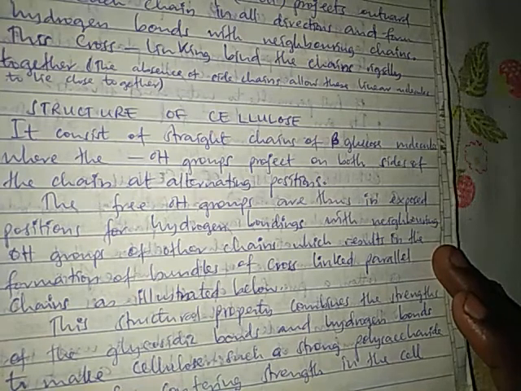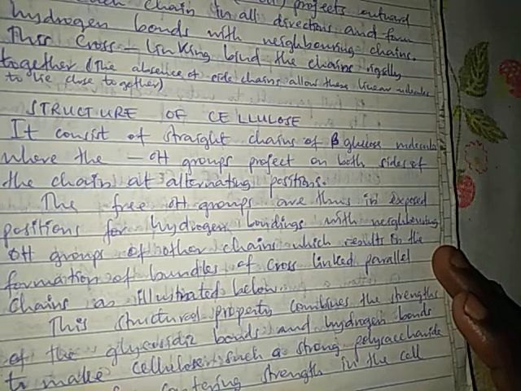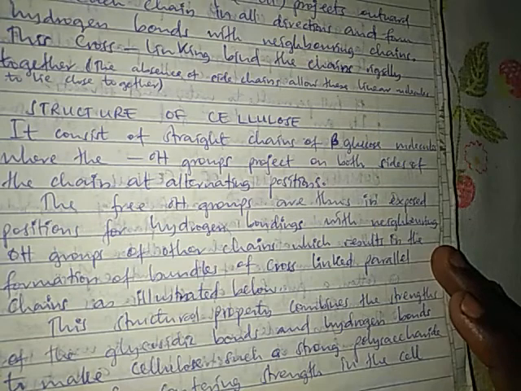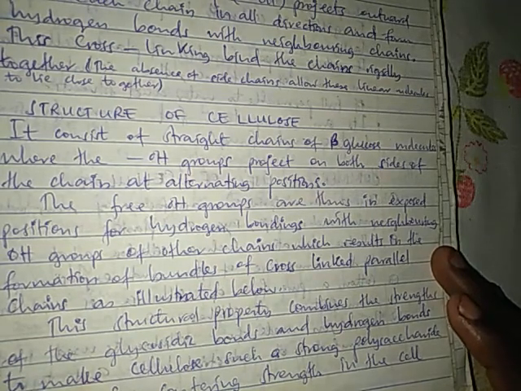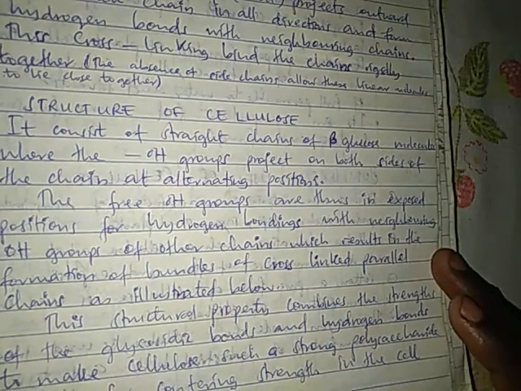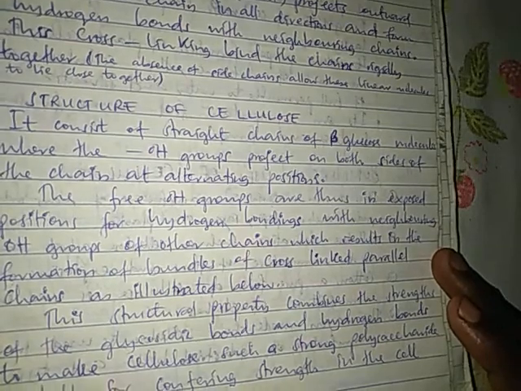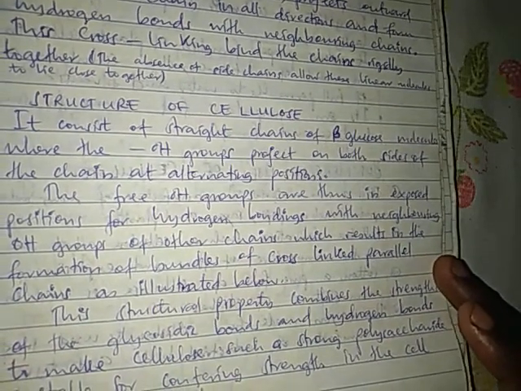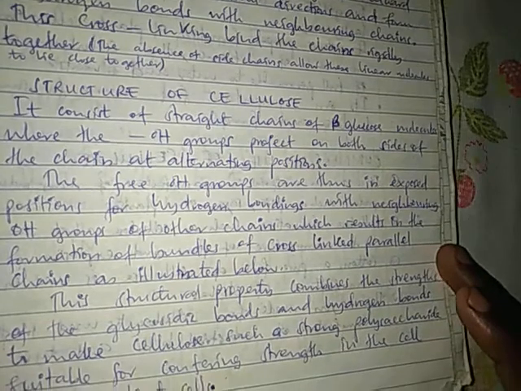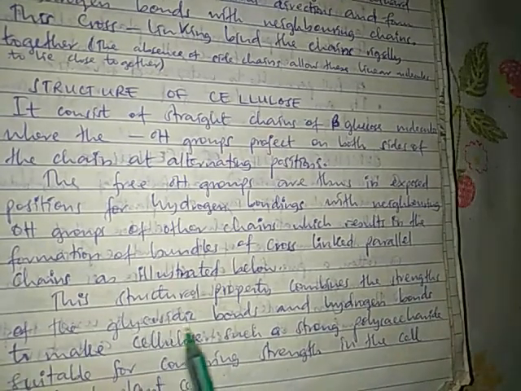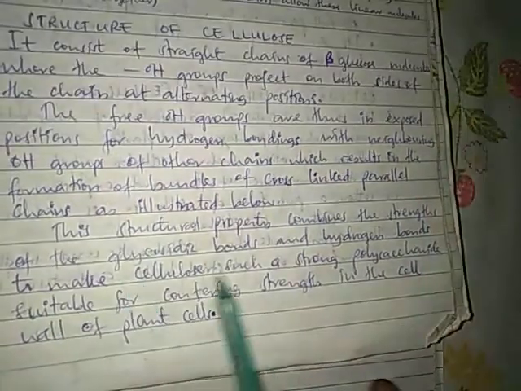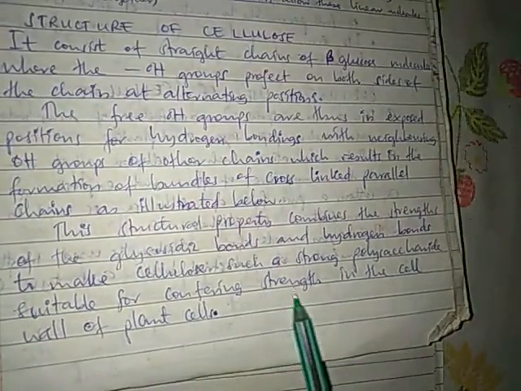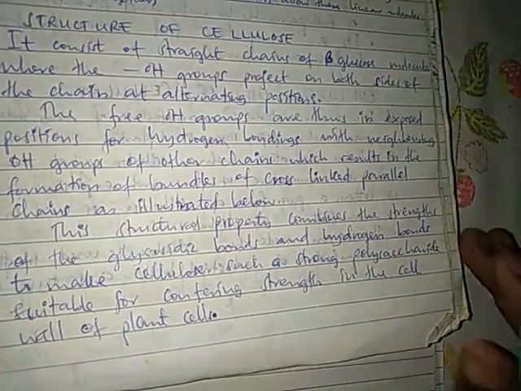So the free hydroxyl groups are thus in exposed positions for hydrogen bonding with neighboring hydroxyl groups of other chains, which results in the formation of bundles of cross-linked parallel chains as illustrated below. This structural property combines the strength of the glycosidic bond and hydrogen bonds to make cellulose such a strong polysaccharide, suitable for conferring strength in the cell wall of plants.